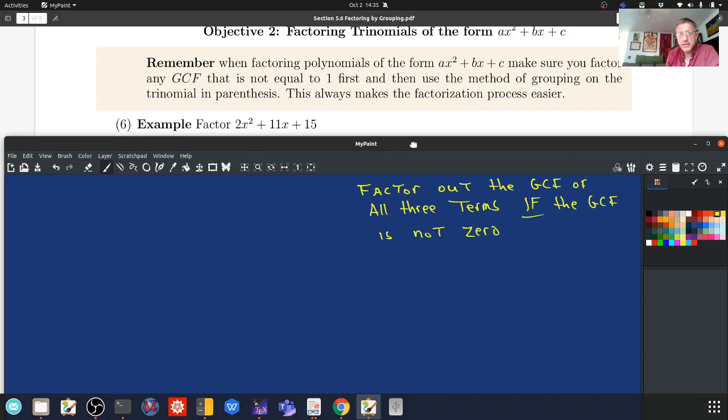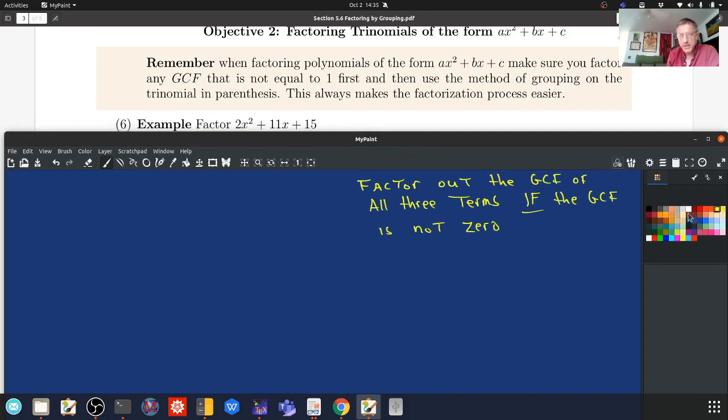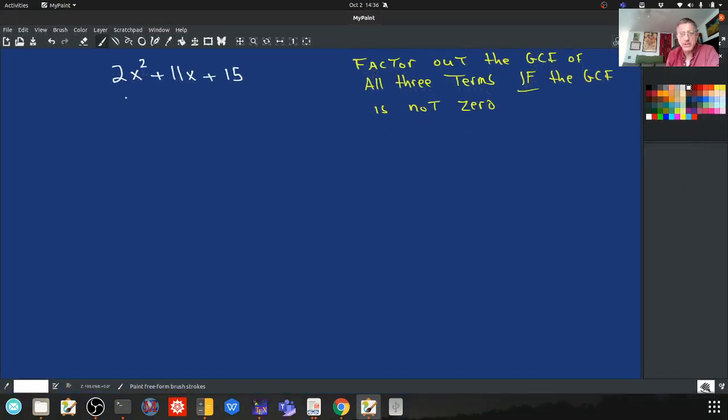Now, if you forget to do that, what you're going to have will be a polynomial with non-prime linear factors. And if you caught that, you could just factor them at that point. But by factoring out the GCF first, it makes the factorization easier.